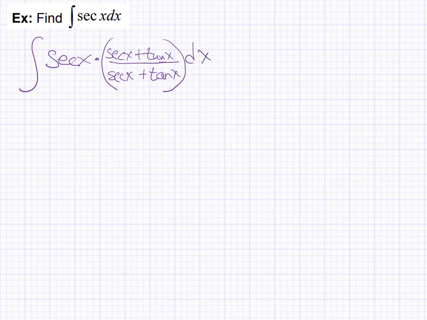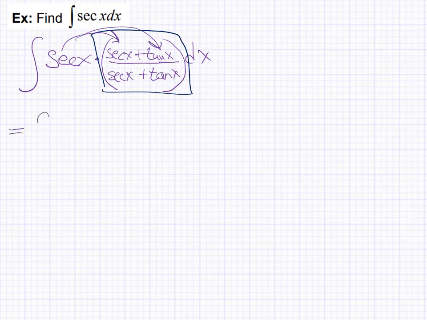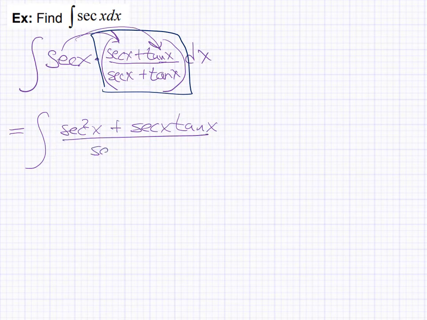So it's still the same integral because remember, this is just 1. But how does that help me? Well, this secant would distribute into this numerator, and I would end up with secant squared x plus secant x tan x over secant x plus tan x dx.